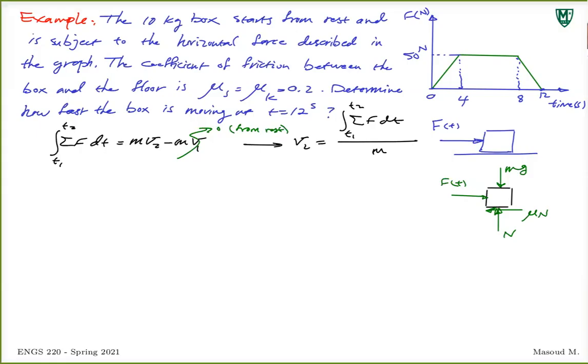So you have to calculate the friction force and find out how much that is. Now, when your force reaches the friction force, and since mu s and mu k are the same, that's the moment the box starts moving, and then it keeps moving afterwards.